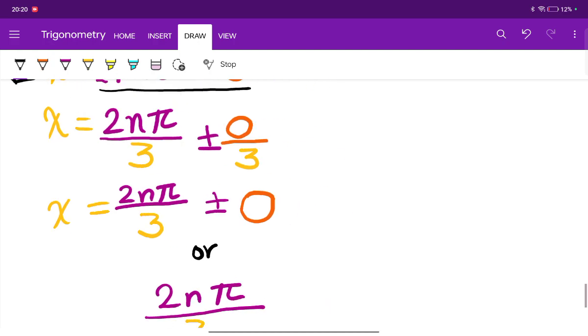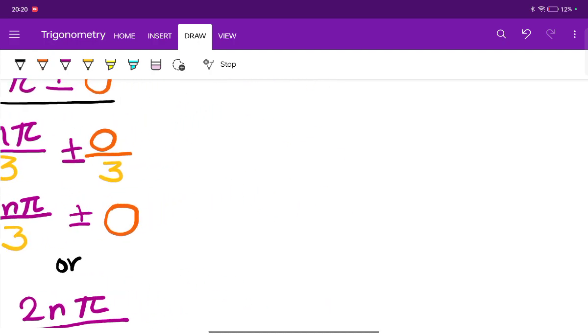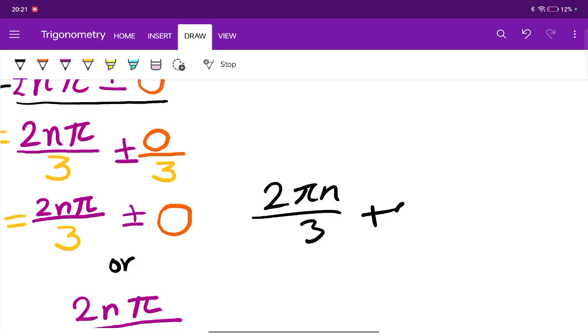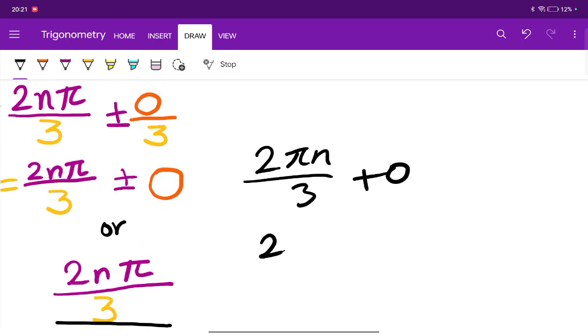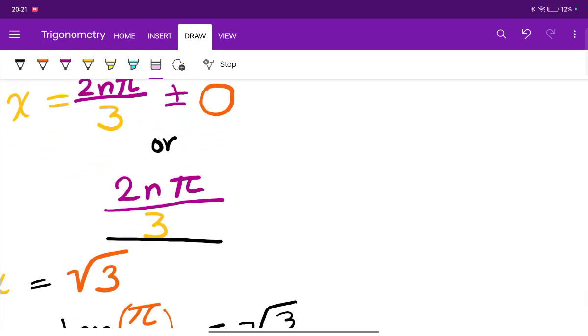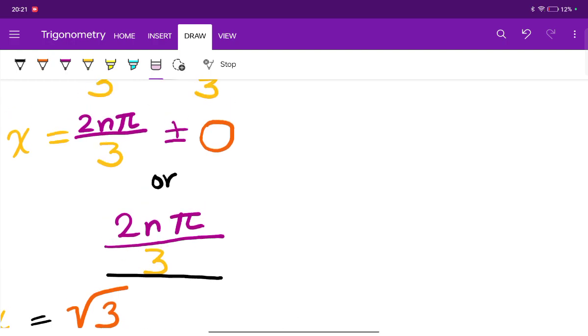So this could be written in two forms, like 2nπ/3 plus 0 and 2nπ/3 minus 0. They will have the same meaning. This could also be written as 2nπ/3 because 0 has no value when we plus or minus it.